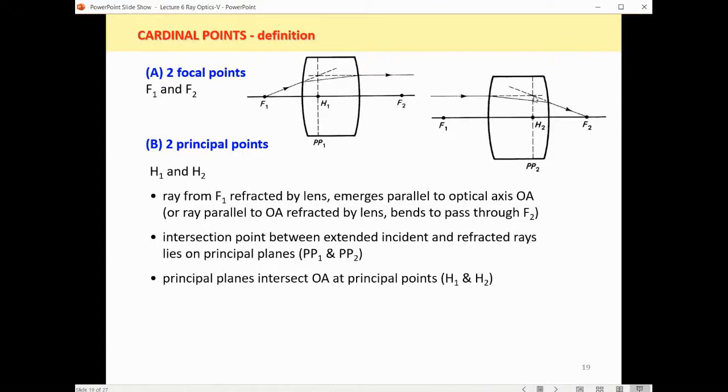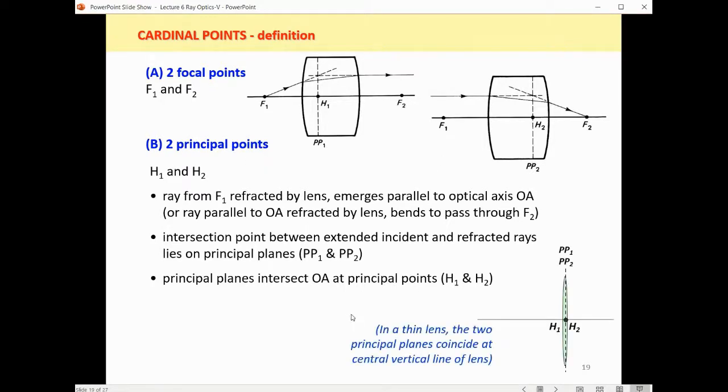And the normal plane from this intersection point that intersects the optical axis is where we locate the second principal point, H2. So that defines the principal points as well. In a thin lens, where the thickness is taken to be 0, the 2 principal planes will coincide at the central vertical line that divides the lens.